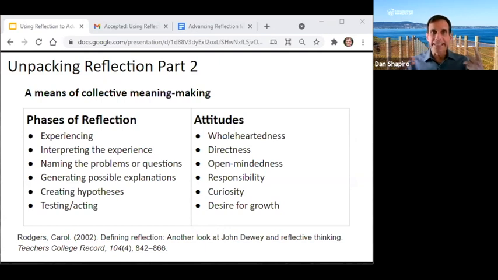Try to put your mind back into one of those conversations, a specific conversation of something you experienced during any part of the assessment cycle. Does everyone have one?